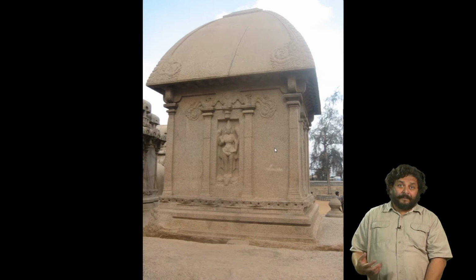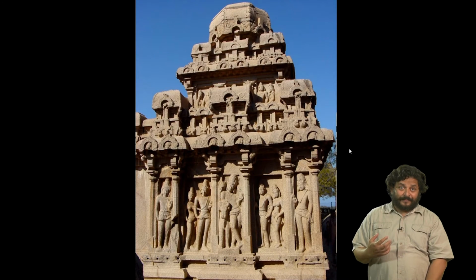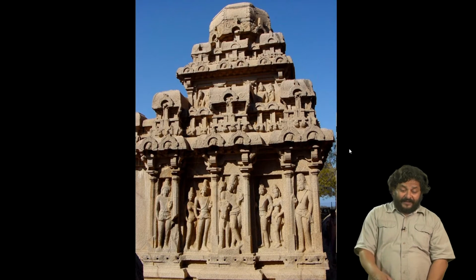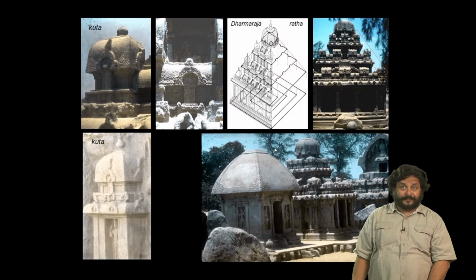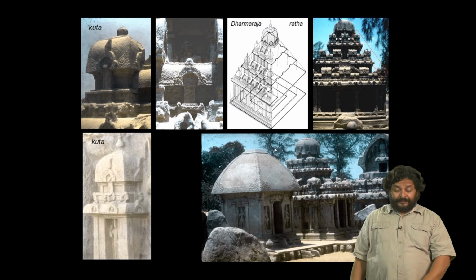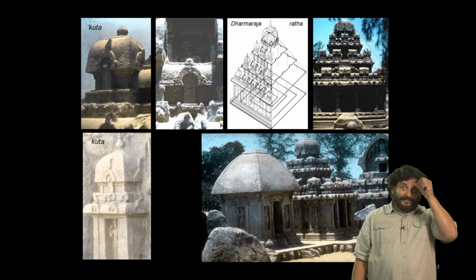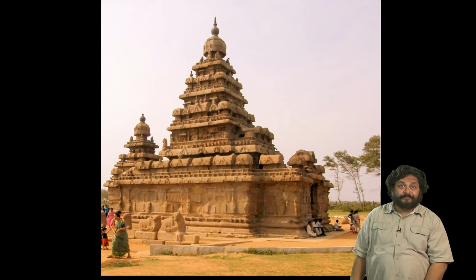This is the kuta, the simple square hut that is one of the edicular modules of the South Indian temple. And here you see it in the corners of the 2 stories on top. The kuta never really goes away from any of these temple forms.